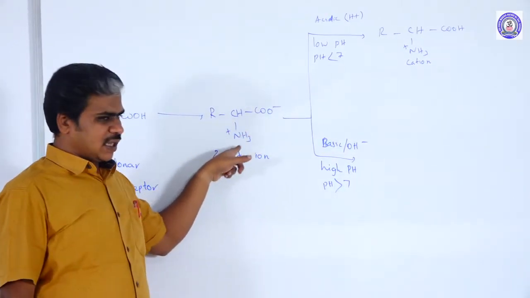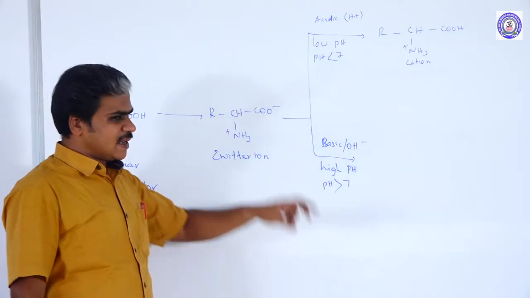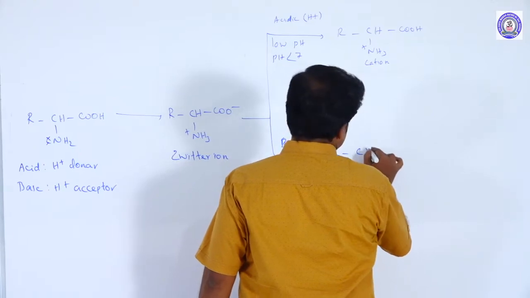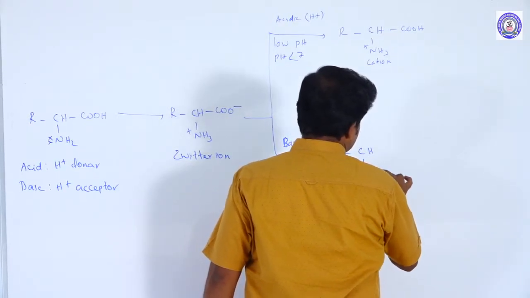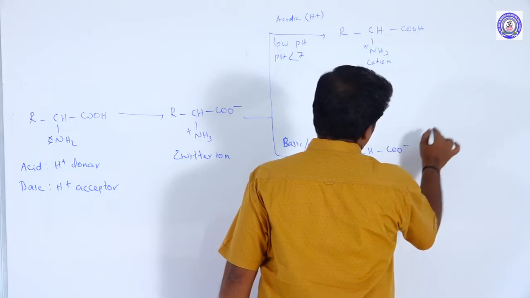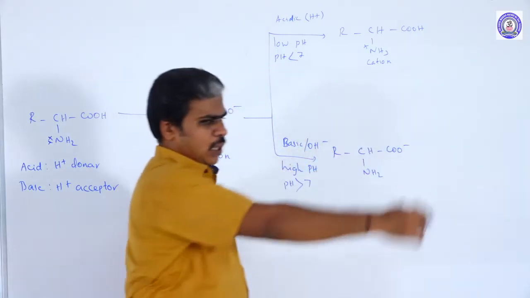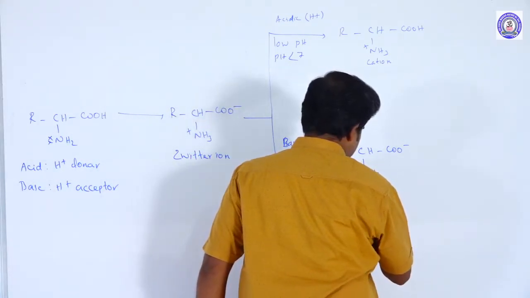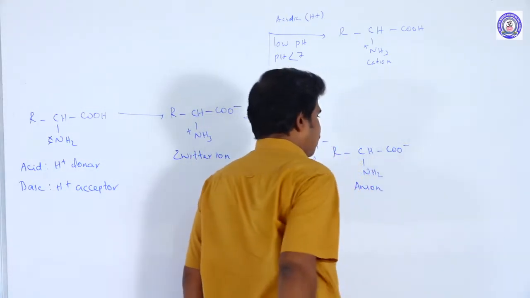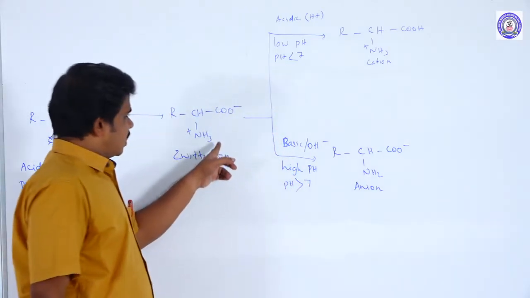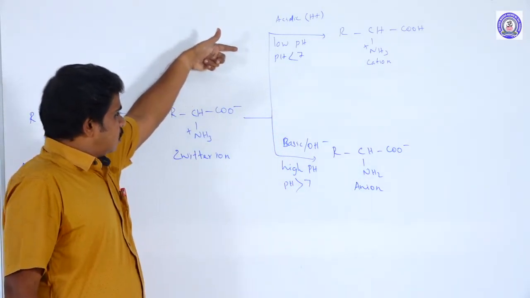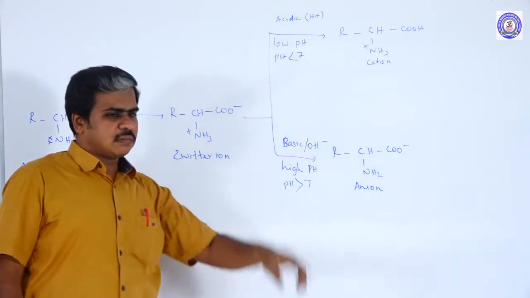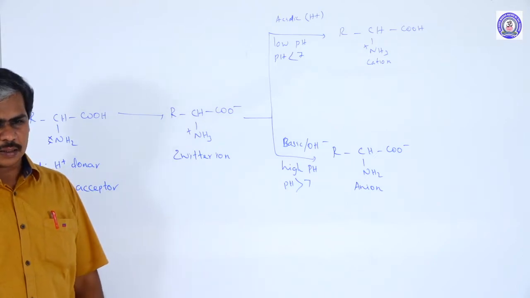Then we are getting RCH, NH2 and COO minus, and it is a negative ion, which is known as an anion. Okay. Now, a zwitter ion in acidic medium may act as a cation, and a zwitter ion in basic medium may act as an anion.